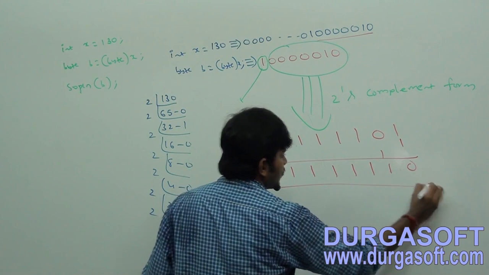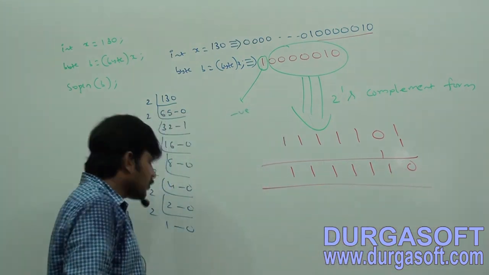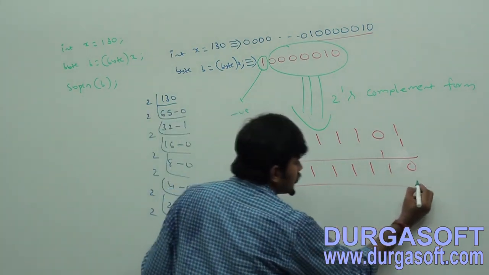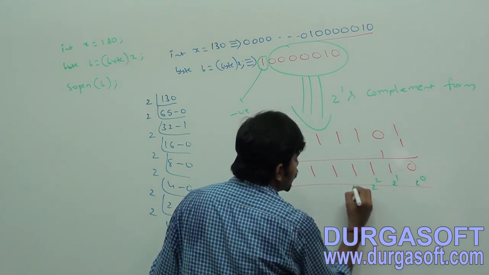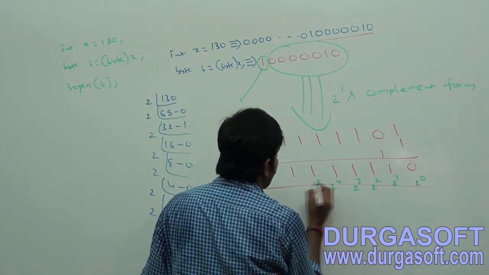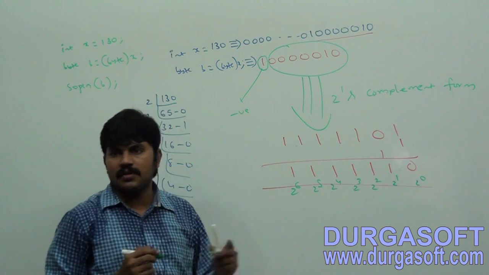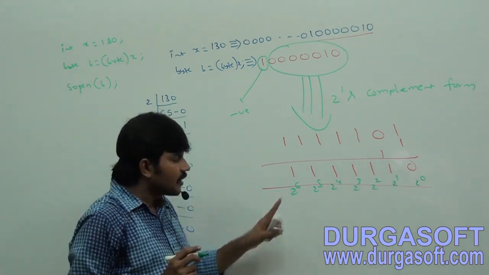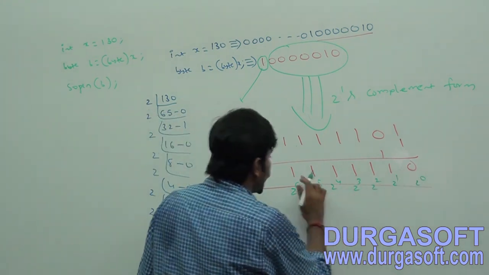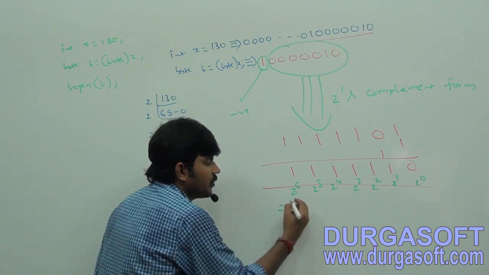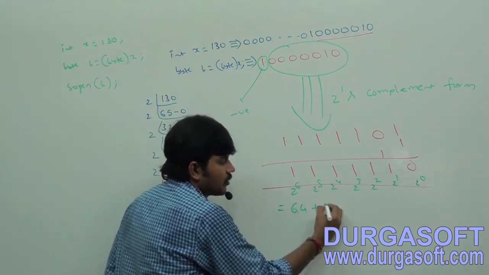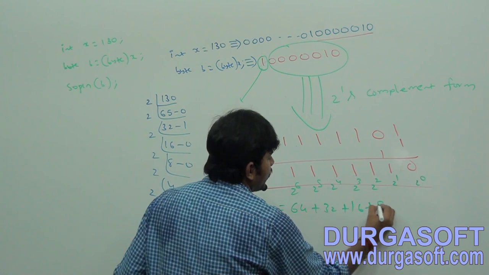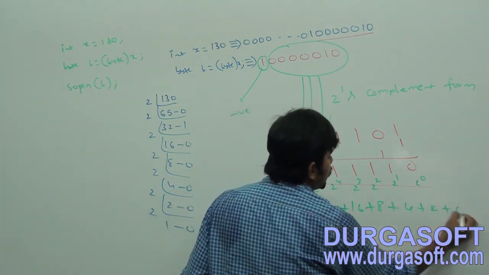Now observe 2 power 0, 2 power 1, 2 square, 2 cube, 2 power 4, 2 power 5, 2 power 6. The values are 64, 32, 16, 8, 4, 2, 0.